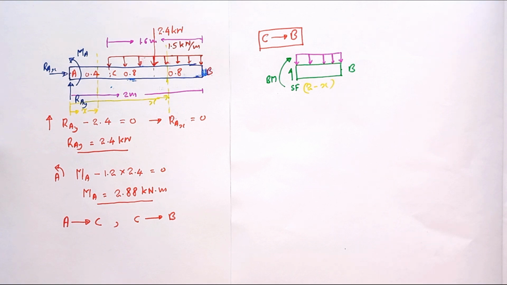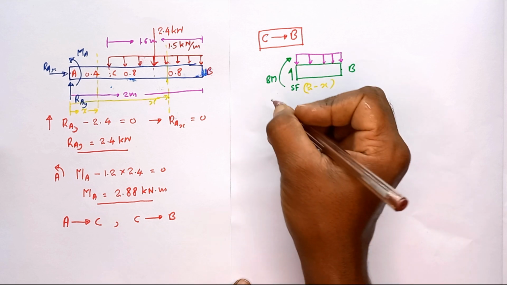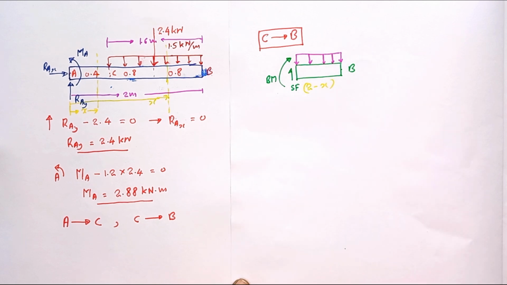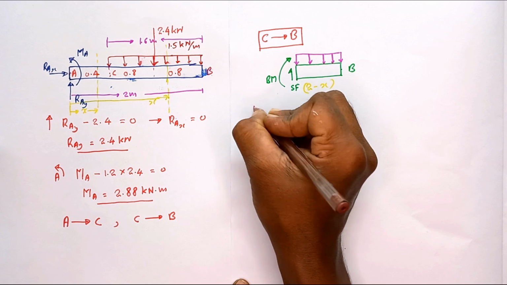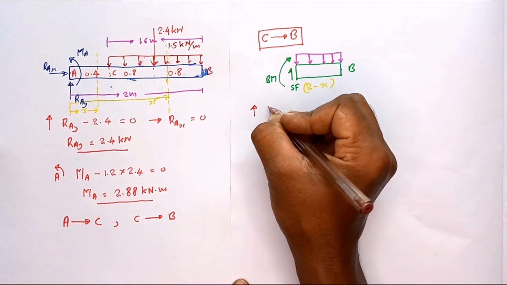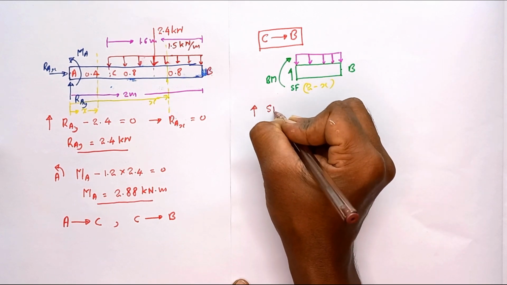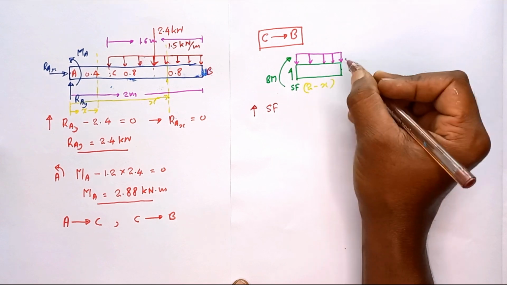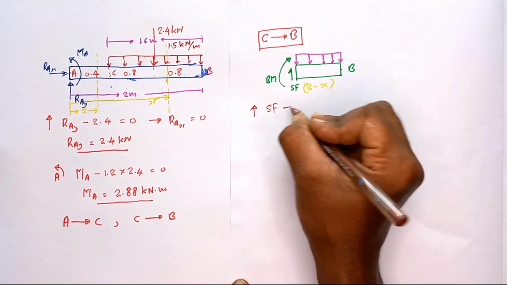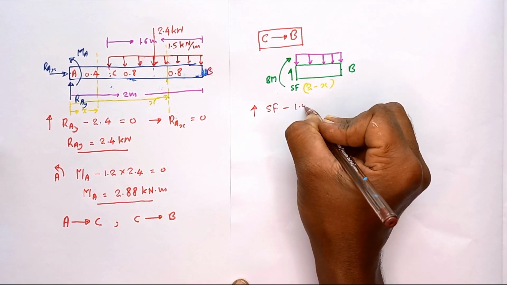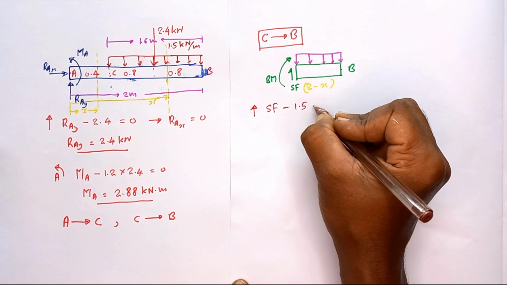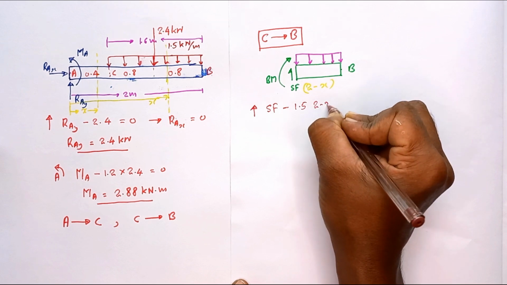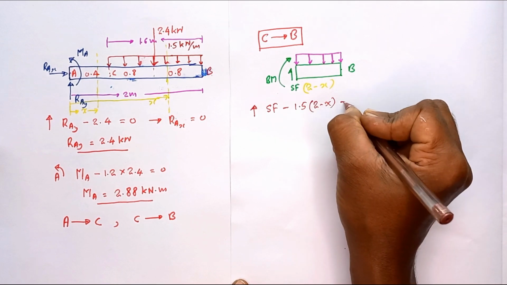Okay, this is the free body diagram for the separated beam part. So then I am going to obtain the equations, considering the equilibrium of this separated beam part. First of all, let's obtain the equation for shear force. So I am going to resolve the forces in the vertical direction. Shear force, then the distributed load minus the intensity 1.5, the length it is acting is 2 minus x, equal to 0.